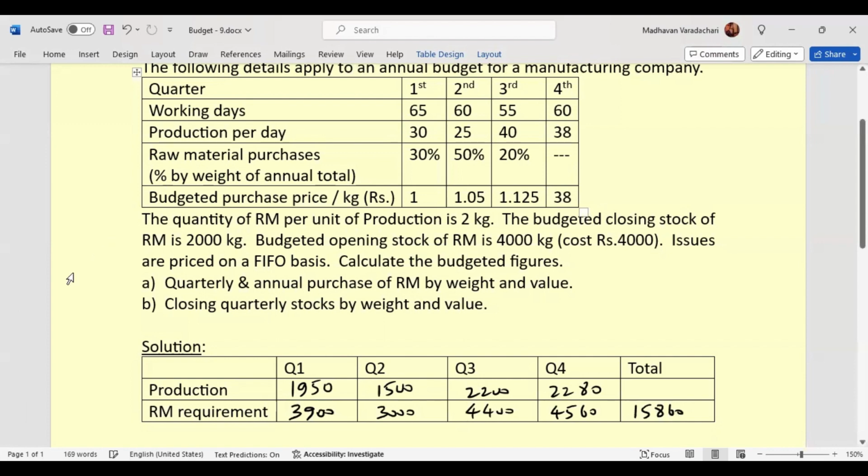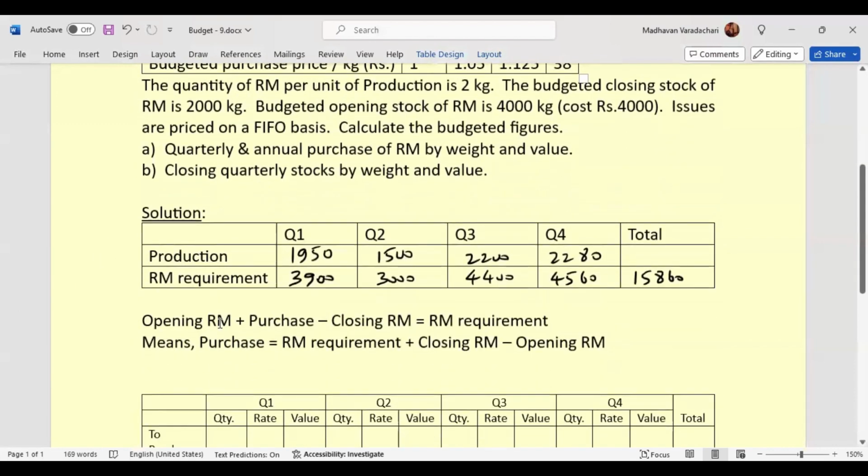15860. Now, we know opening raw material plus purchase minus closing raw material will be the total raw material requirement, which means purchase will be raw material requirement plus closing raw material minus opening raw material.